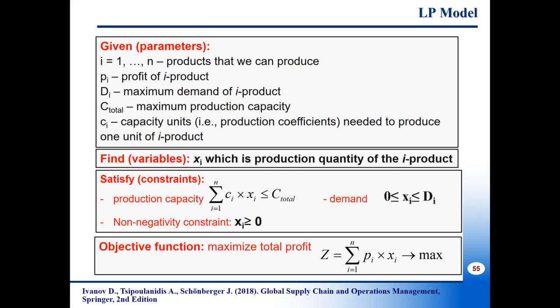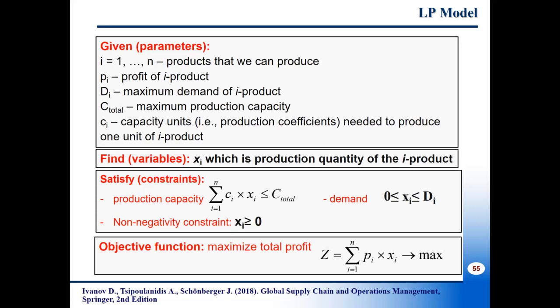The parameters in SNOP, or sales and operation planning, are the products that we can produce, the profit of each product, the maximum demand of a particular product, the maximum production capacity at a particular workstation, and the capacity units or resource demand to produce one unit of a particular product. As an index variable, i stands for the running index that identifies products in SNOP.